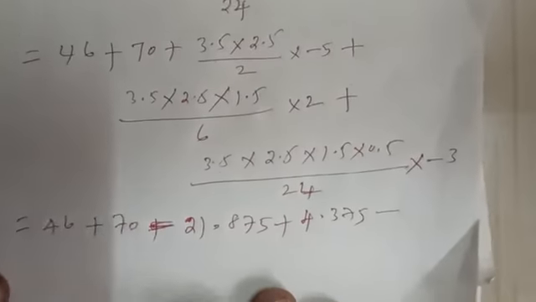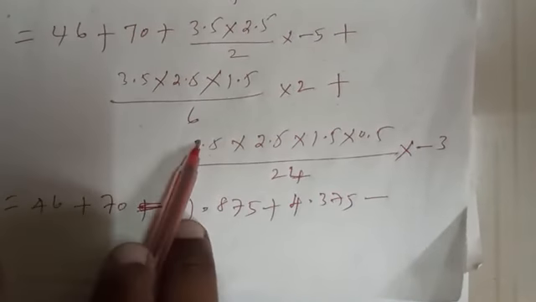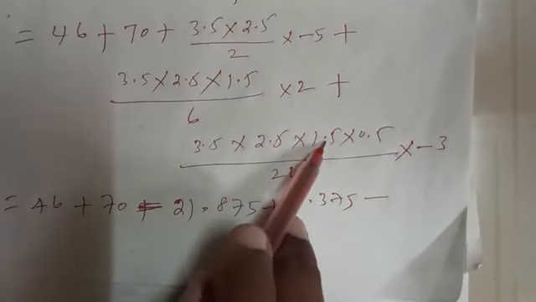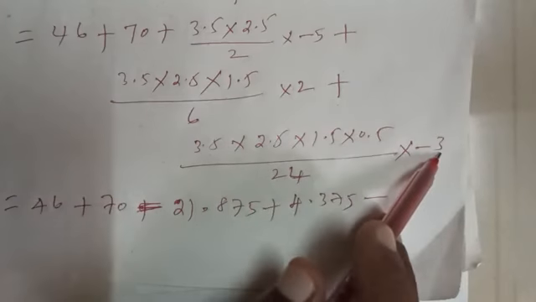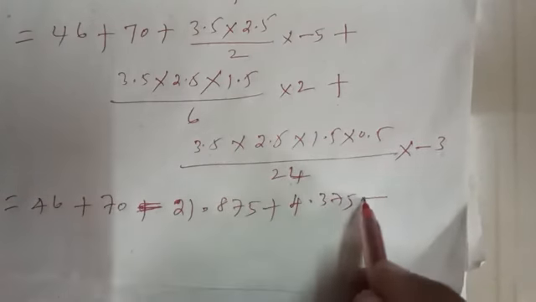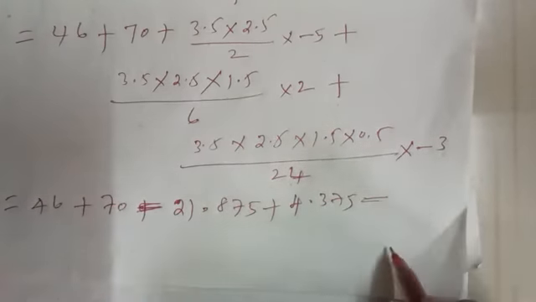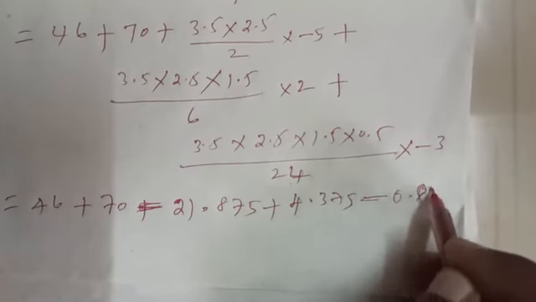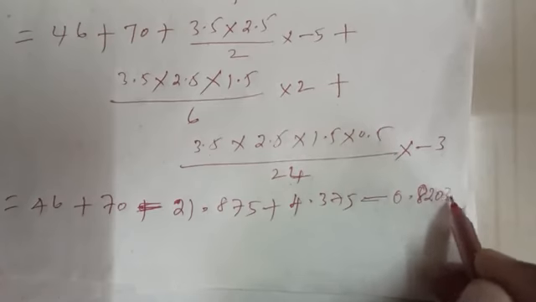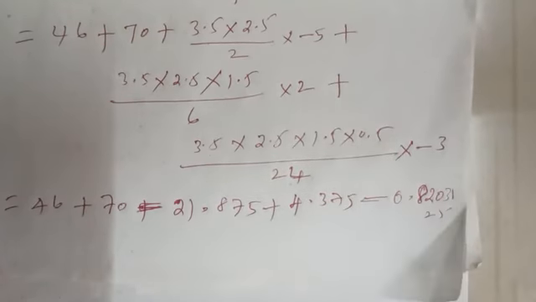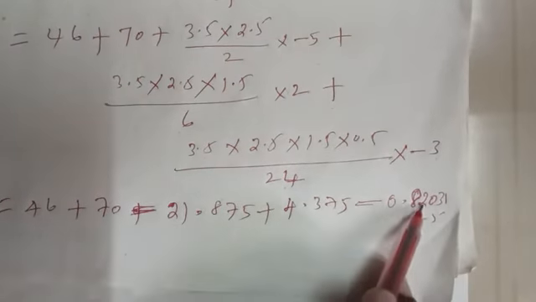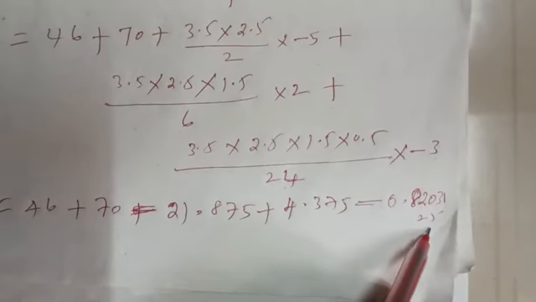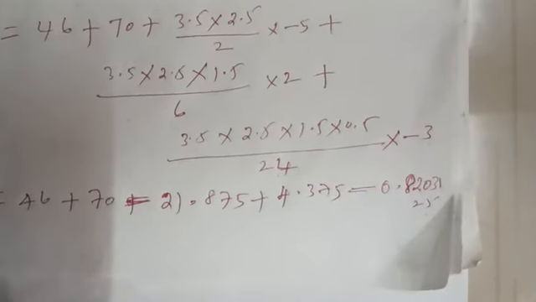Minus 3.5, 2.5 into 1.5 into 0.5 into minus 3 divided by 24, that means minus 0.820325. And then the final result.